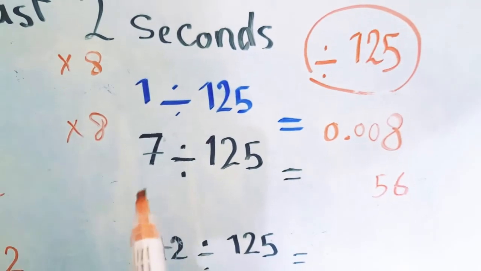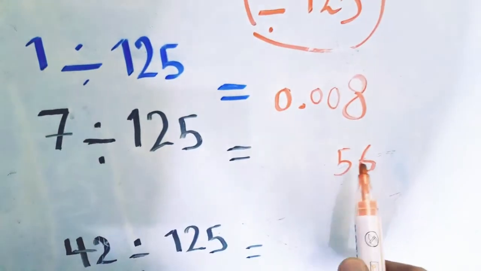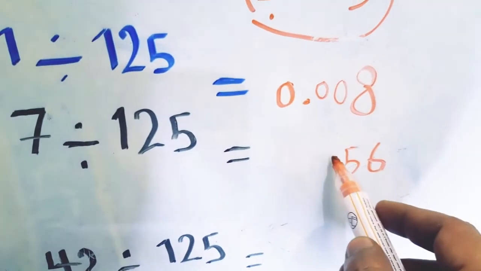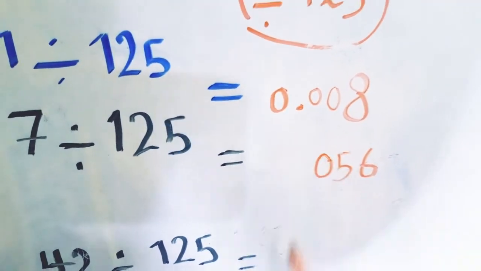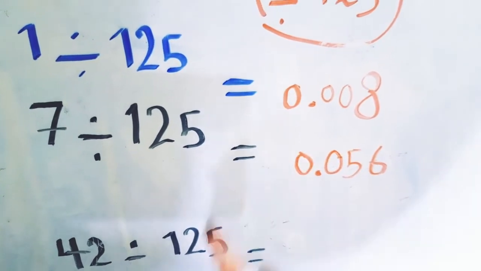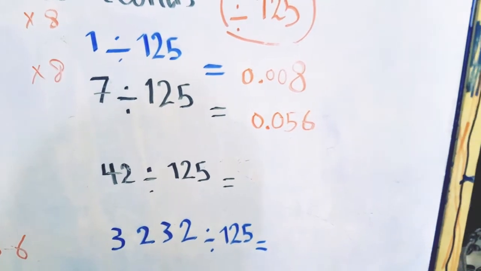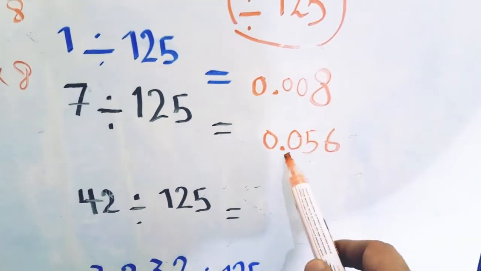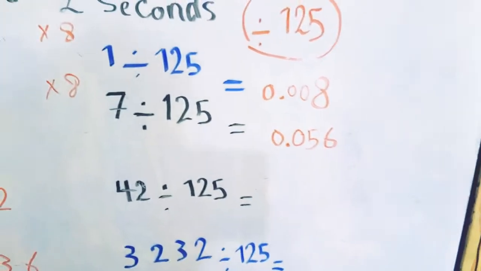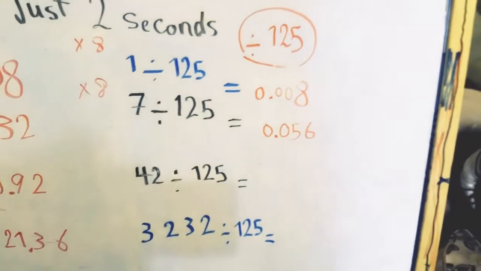Why? Because we divide by 125. Of course, we have 2 digits. The missing digit will be replaced by 0. Okay? Then we put a decimal point followed by 0. So 7 divided by 125 equals 0.056.